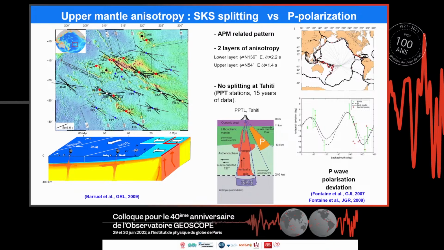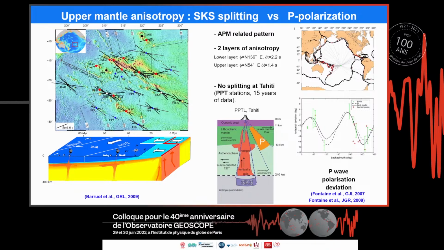It was also particularly surprising because we observed some clear signal of anisotropy by using the P-wave polarization deviation, which induces this sinusoidal deviation pattern typical of an upper mantle signature. In order to reconcile these quite paradoxical measurements, the idea was that the two waves do not sample the upper mantle at the same incidence angle.